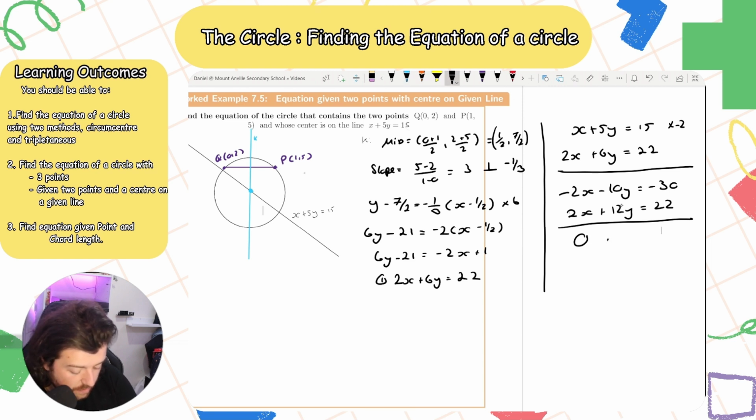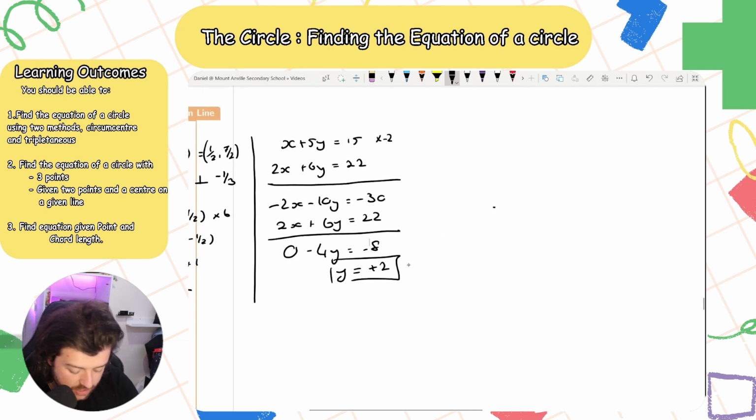That goes to 0. Minus 10y plus 6y is minus 4y is equal to minus 8. Sorry, this is 6, silly me. So y is equal to positive 2.